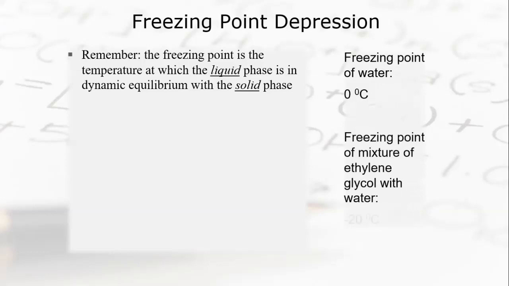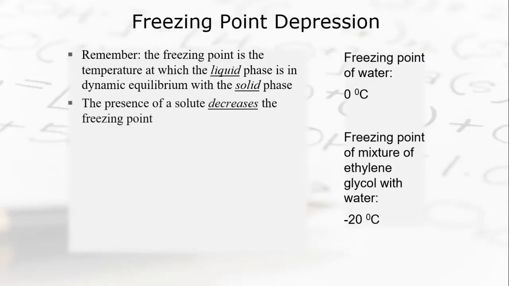So here's what's interesting. Of course, we know that water freezes at 0 degrees Celsius, but if you have this mixture of ethylene glycol and water, it'll freeze at under minus 20 degrees Celsius, 20 degrees below the normal freezing point. In other words, the presence of the solute decreases the freezing point.